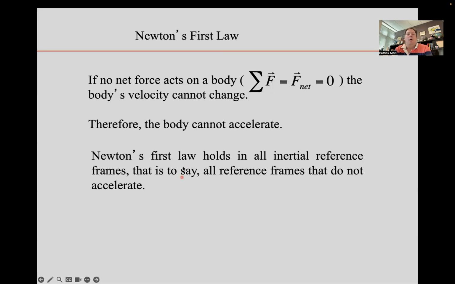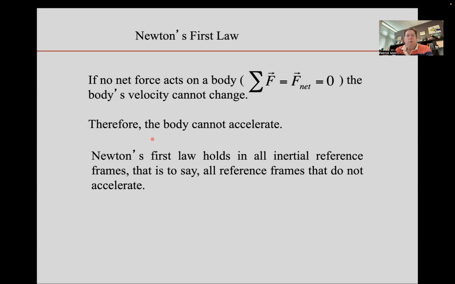So we take all of the forces acting on an object, add them all up as vectors. If they sum to zero, then the object is in equilibrium. And then its velocity, which is both speed and the direction that it's moving, is fixed. And it's equivalent to saying that the body can't accelerate. So acceleration has to be zero.